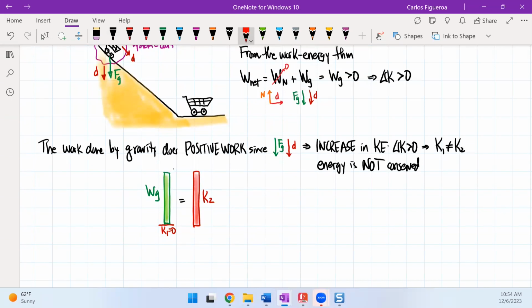So the work energy theorem says that the kinetic energy plus the work due to gravity, we already know this starts off at rest, so the work of gravity causes the kinetic energy to change.